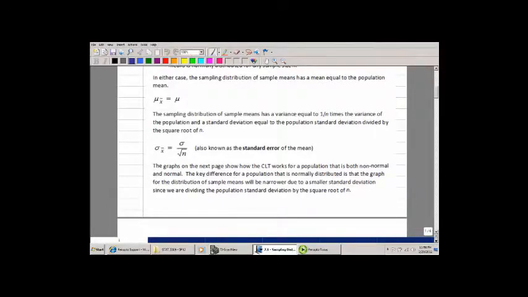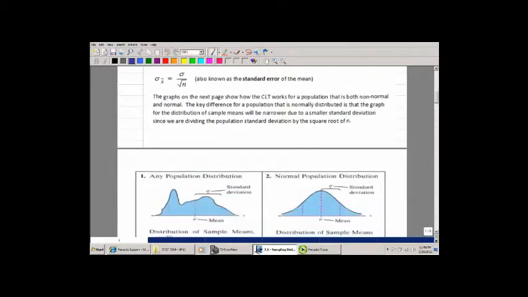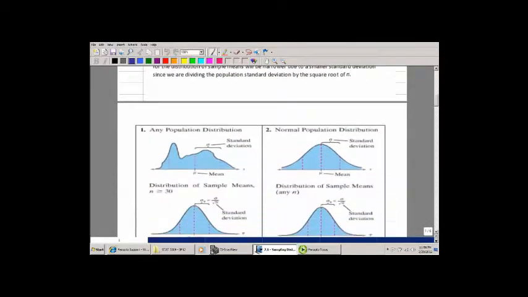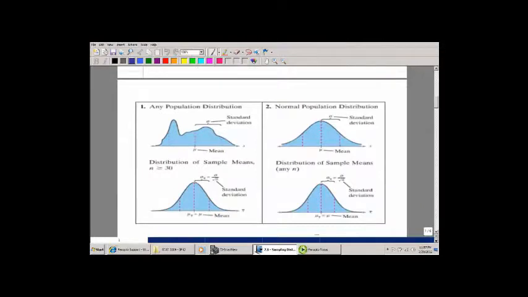Now let me just show you a couple of graphs here, and let's take a look at what's going on. This graph number 1 shows some population distribution with a mountain shape, certainly not normal. So there's no way that you could calculate a normal probability on random variable x.